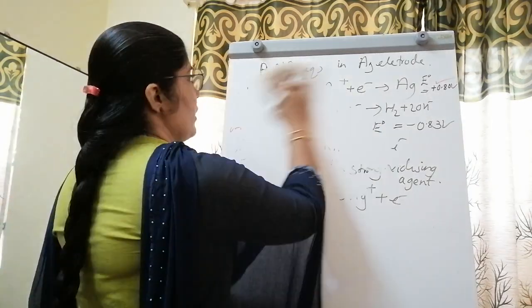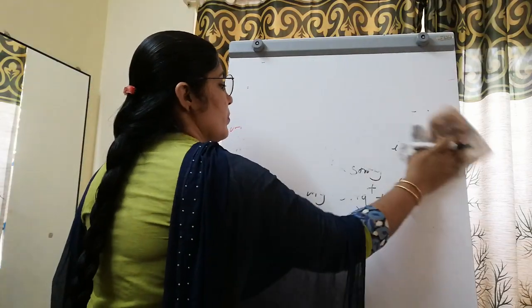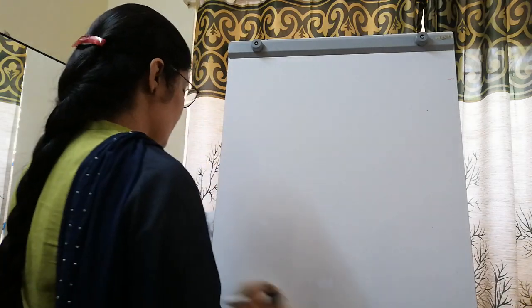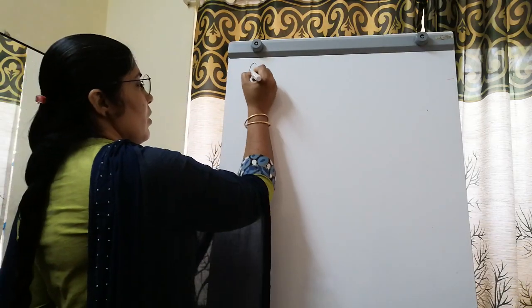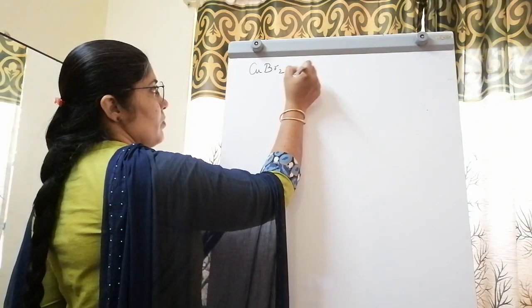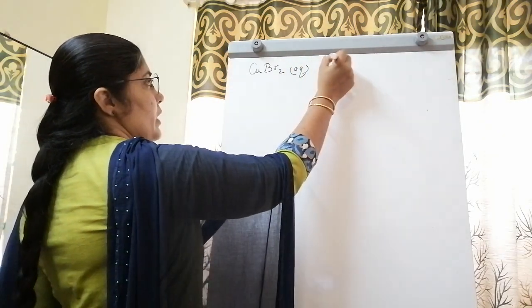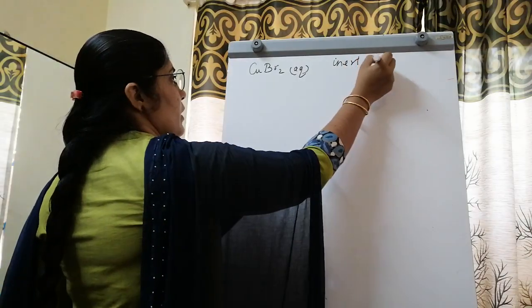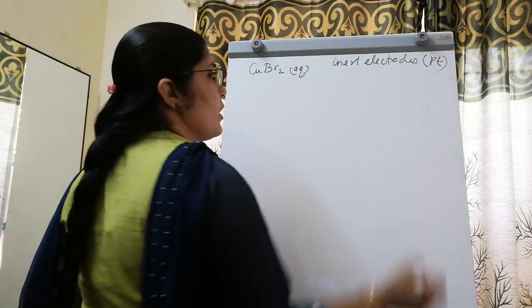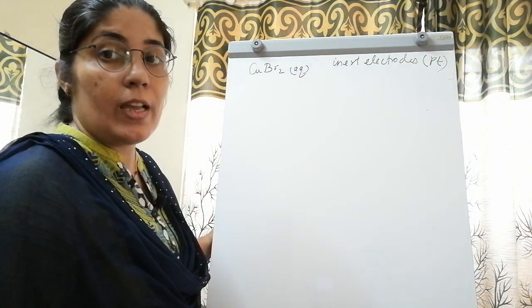So let's check on that electrolysis. Copper bromide, aqueous, in presence of inert electrodes. For inert electrodes, we can use platinum. One example of an inert electrode is platinum, which is very least reactive.